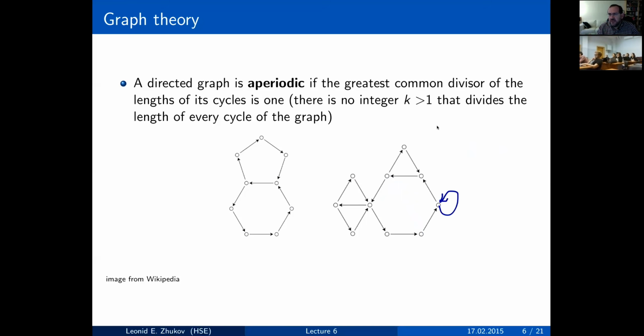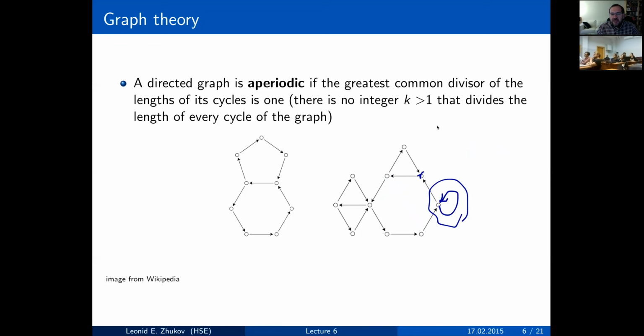And the reason, again, periodicity really means, if you start from one node, in how many steps you get back to that node, right? And if we add any cycle of size 1, it means you can return to any node in any number of steps. We can, for example, return to this node in 6 steps, or in 7 steps, or in 8 steps, or in 9 steps, or 10 steps, just by spending some time right there.